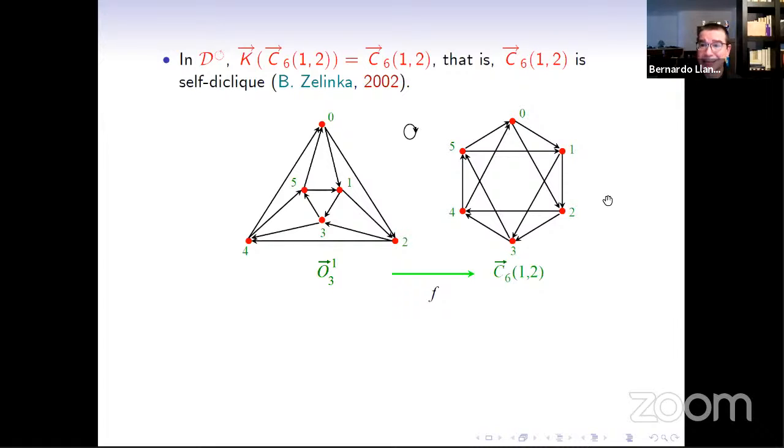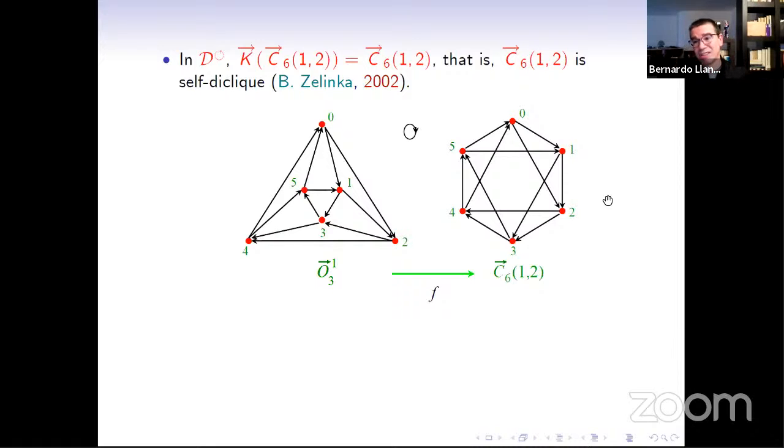I especially, because I love circulant digraphs, circulant tournaments, was introduced to this topic by Victor Neumann-Lara, who was a big fan of this kind of graphs.